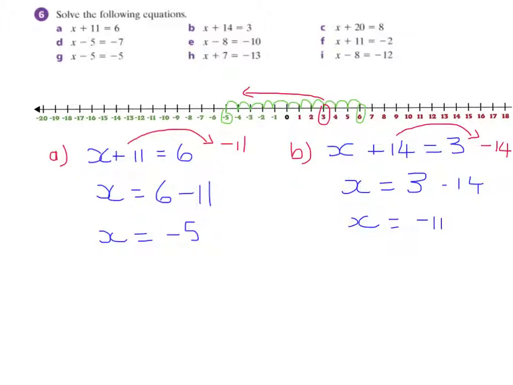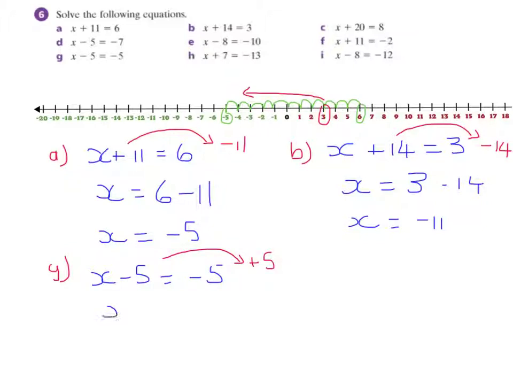I'm going to jump down to where we got G. So let's have a look at G. I've got x take 5 equals negative 5. So I've got my negative 5 on this side, take it across to that side, and it becomes a plus 5.